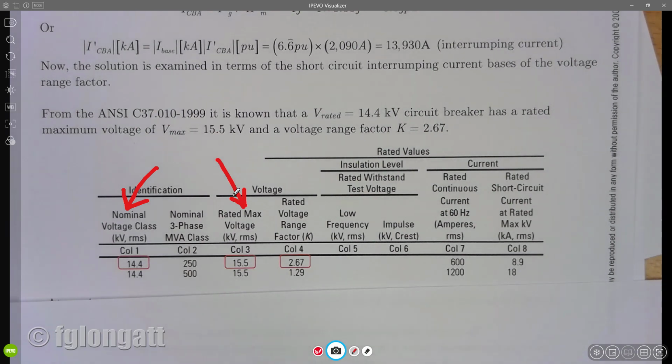And again, on the fourth column, you can identify a very important factor, and that is the voltage range factor. In this case, this is a bit of an old circuit breaker. K is a bit higher than 1. And you can see over there that in this specific case, K is equal to 2.67. Okay?